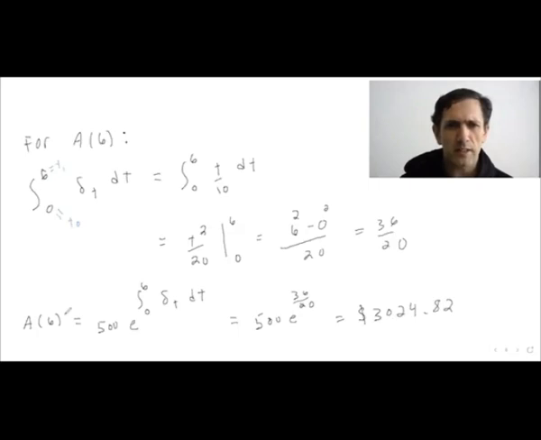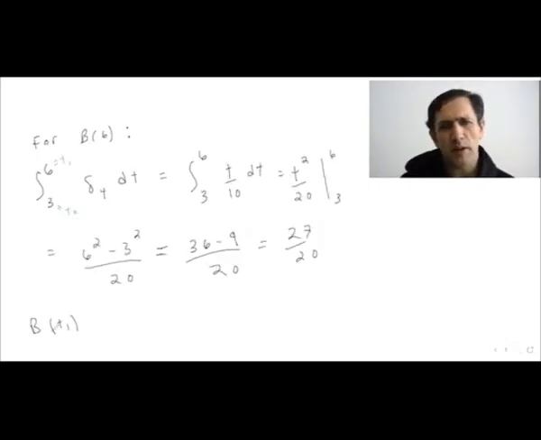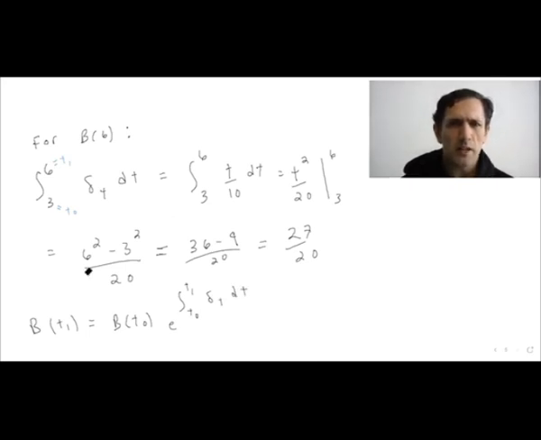So I'll just write it exactly like I did here. B of T1 is going to be b of t0 e to the integral from t0 to t1 of delta t dt. And again, t1 here, we want b of 6.